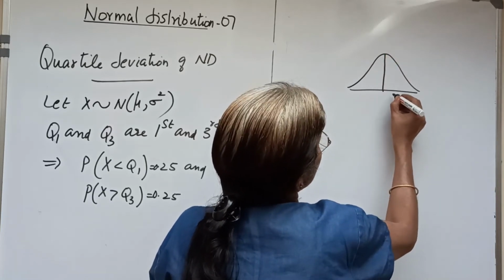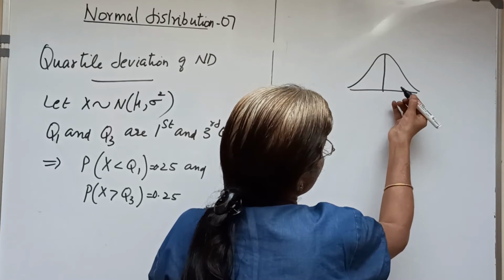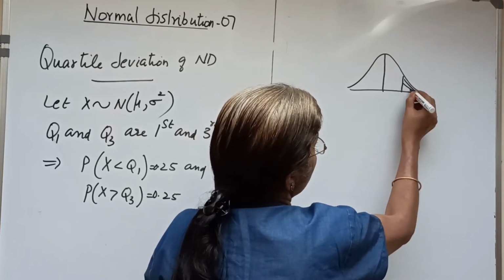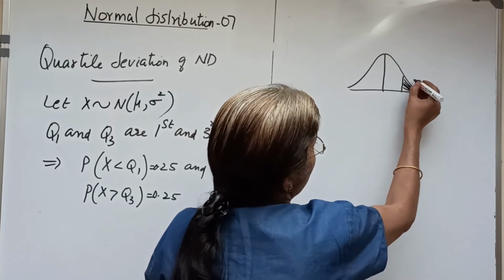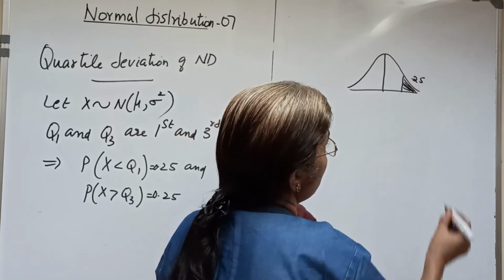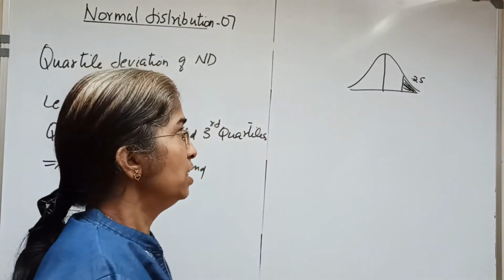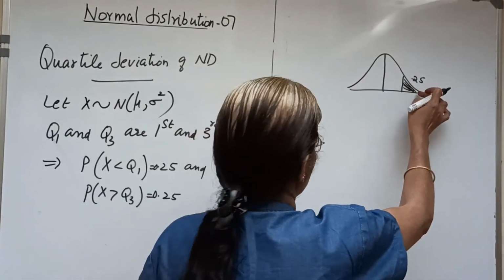Greater than some point means from that point up to infinity, so this area is 0.25.